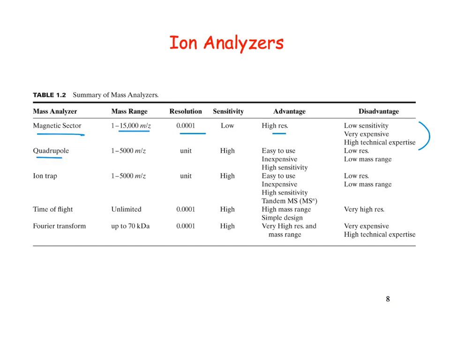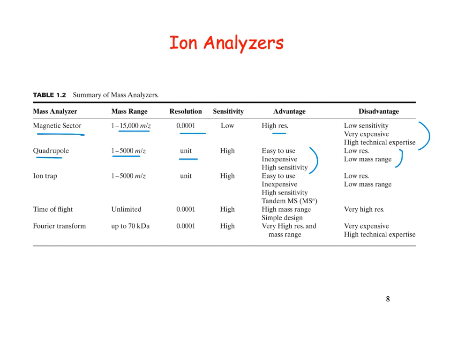The quadrupole doesn't have quite the mass range, and only unit resolution, so it's more of a low resolution instrument, but it's inexpensive and easy to use. These are more the benchtop ones with a GC or something attached. You don't need to be an expert to maintain it.